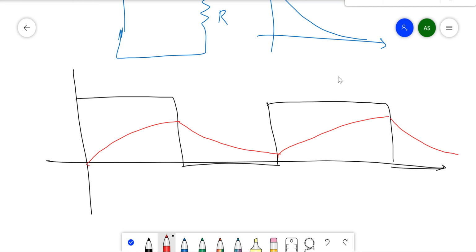And similarly, if you want to plot V naught t, that is the voltage across the resistor, you just need to multiply by R, so that will be like this.